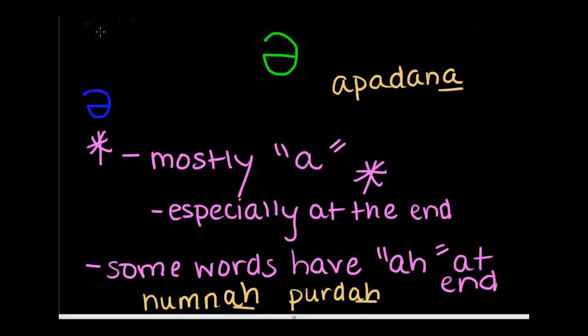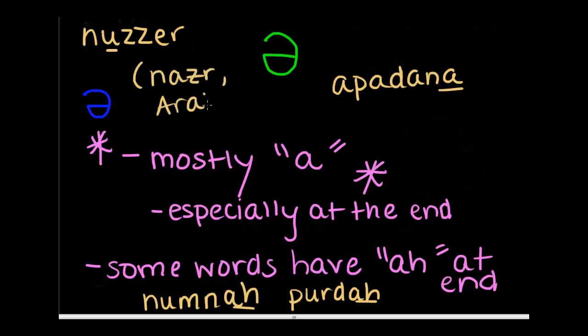An example I'll put up here is Nuzzer, N-U-Z-Z-E-R. You see the U there for the schwa? Actually, this word is anglicized. It used to be spelled N-A-Z-R. It comes from Arabic, so it came to Hindi from Arabic. So of course the rule stayed, the A stayed, but when it was anglicized, it got changed to a U. Also, it got an extra Z, and an E was thrown in there.